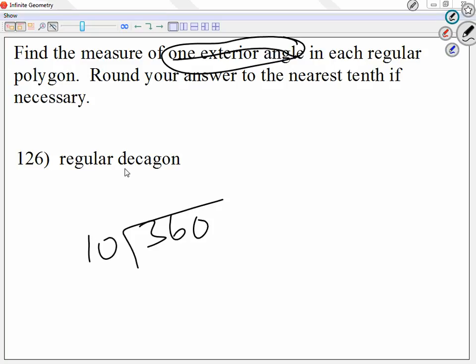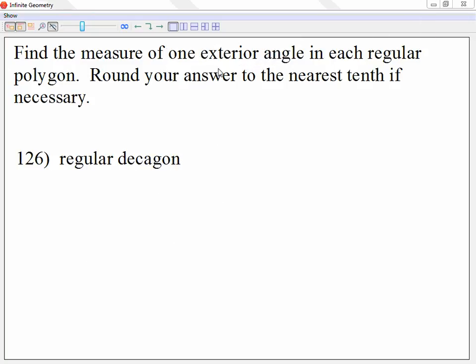If it helps you, deca sounds like decade, 10 years. So decagon is 10. I think we can agree this is 36. When I ask you guys for one angle, that's when we divide. All right, any other questions?